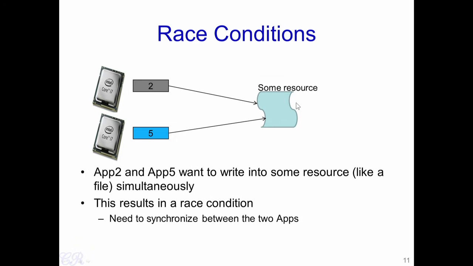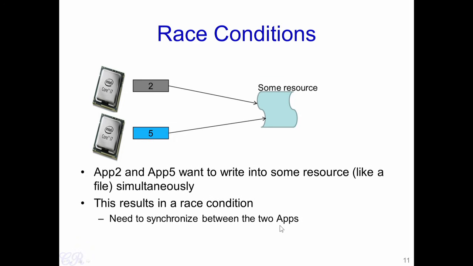This results in what is known as a race condition, and it is quite a huge issue when we are studying operating systems or looking deep into operating systems.